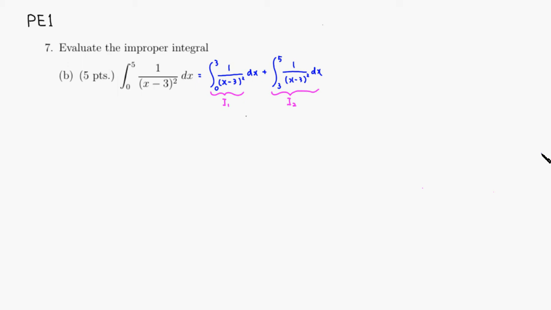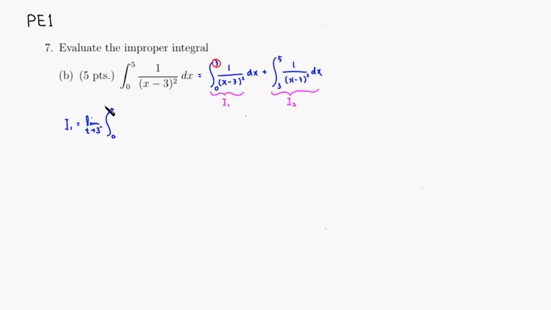So first let's look at I1. Since the trouble is when x equals 3, so 3 is the troublemaker here, I'm going to replace it with t. So you have the integral from 0 to t, then the limit as t approaches 3 from the left.